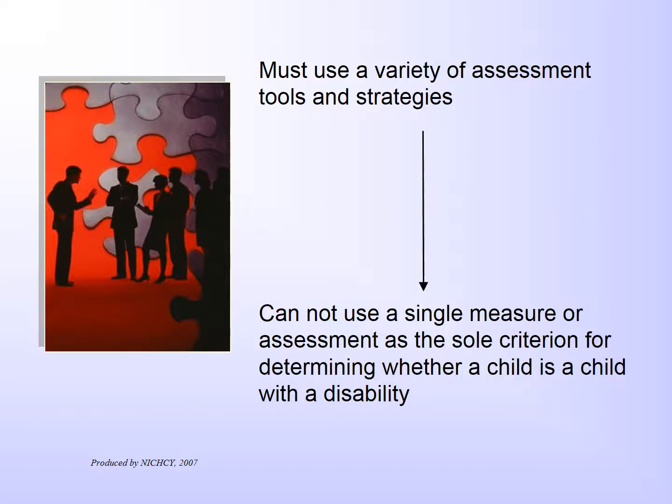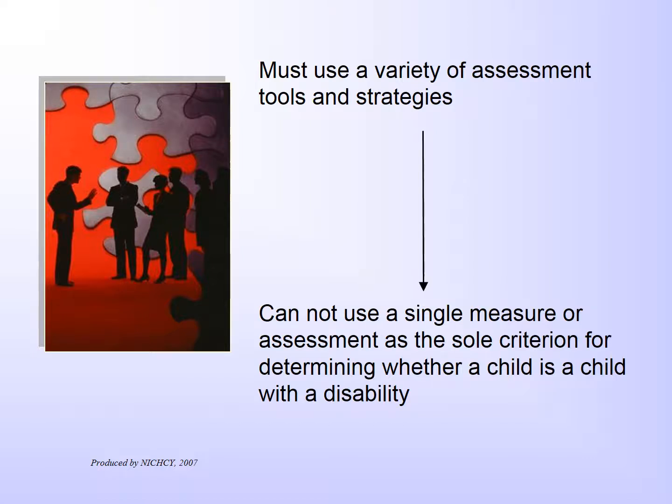Let's take a closer look at the requirements that make an evaluation comprehensive. IDEA regulations prohibit basing eligibility determination or special education programming upon the results of only one test, measure, or assessment procedure. Evaluators need to use a variety of assessments and approaches when evaluating a child.